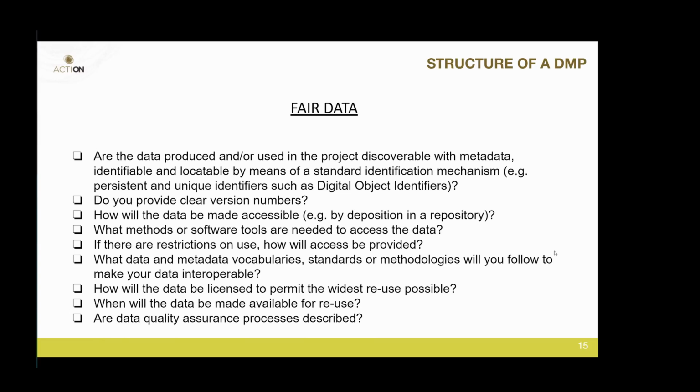The most common in open science is Creative Commons. Okay? And of course, finally, you have to describe the quality process for assuring the quality of your data. Okay. So this is the question. Of course, you don't need to answer all these questions. Okay. If you don't implement any of this, for example, in the case of data quality, you are not going to implement any mechanism to assure this data quality. You just say it. No worries.